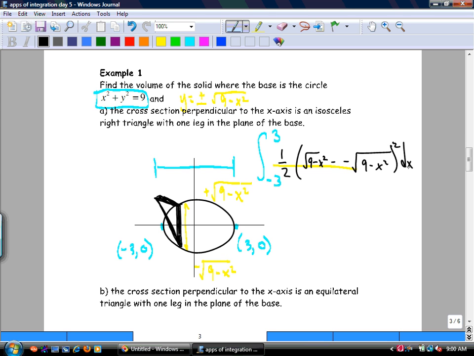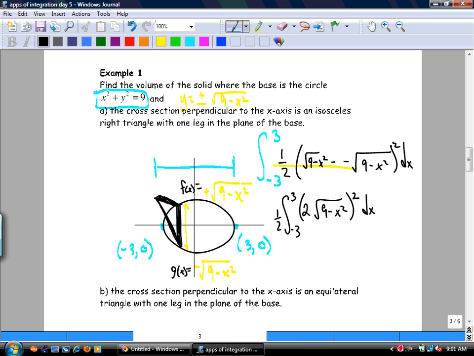And then you can clean this up. F of x minus g of x. Take the half out front. The minus is a plus. Well said. 2 root 9 minus x squared dx.